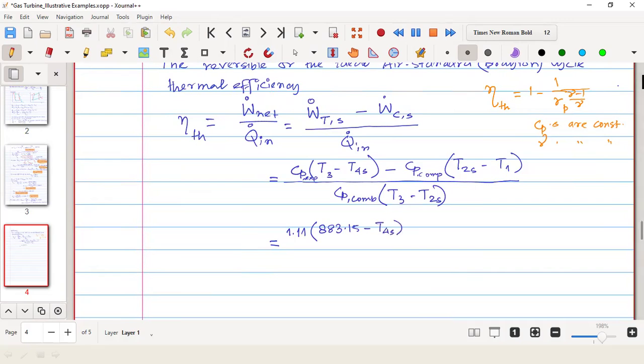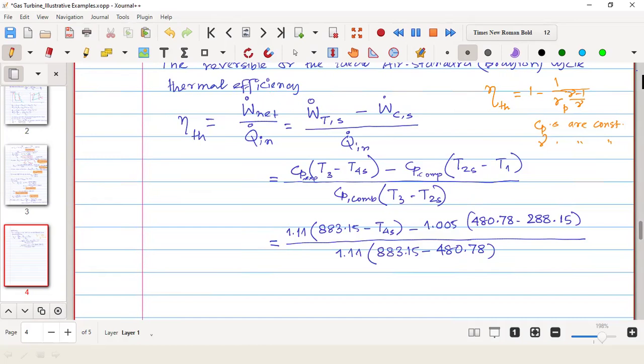Now Cp for compression is 1.005, multiplied by T2s, which is 480.78 minus 288.15, divided by Cp for combustion, 1.11, multiplied by T3, which is 883.15 minus 480.78.